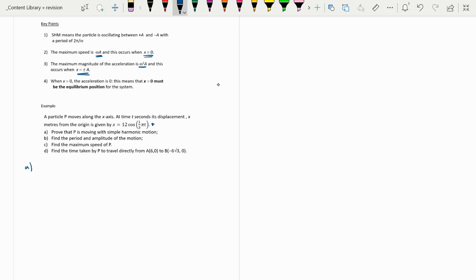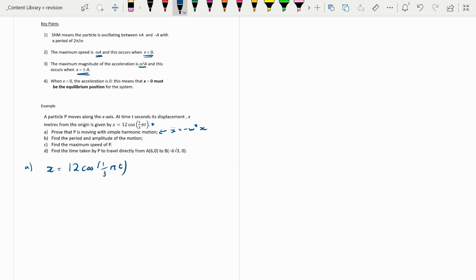So again, if I want to do this, I need to get it in the form of x double dot equals minus omega squared x. To do that, I'm going to start with my x, which is 12 cos of a third pi t.